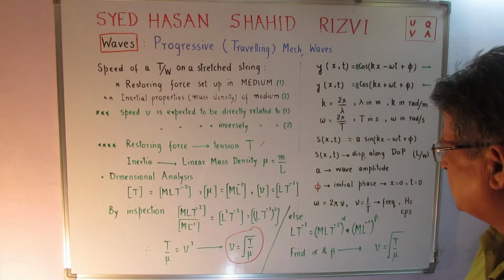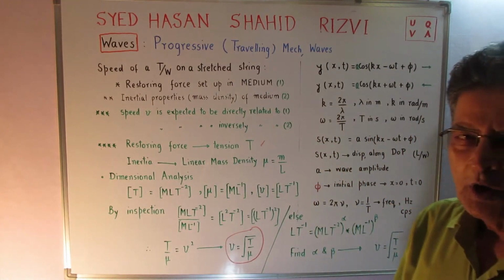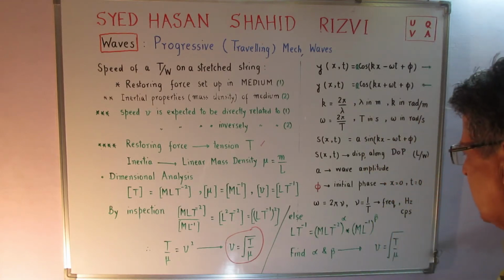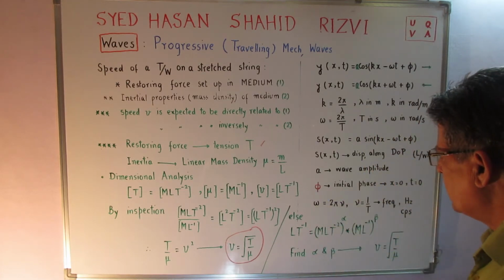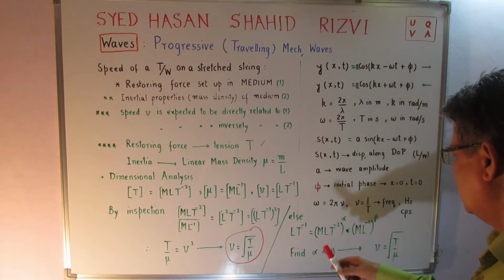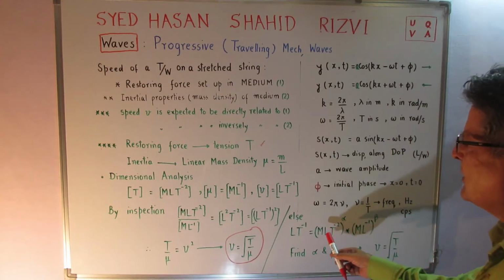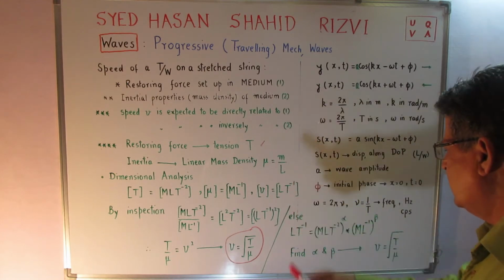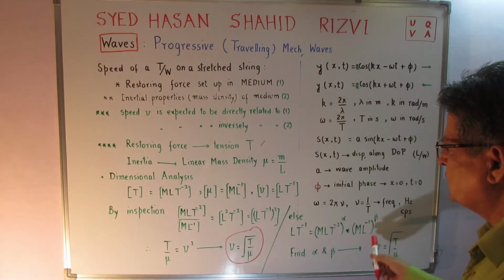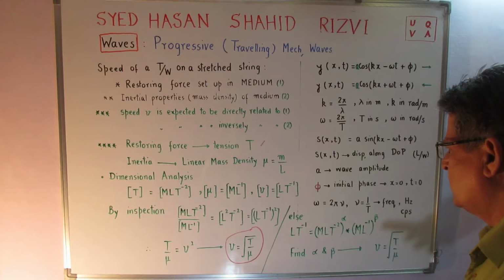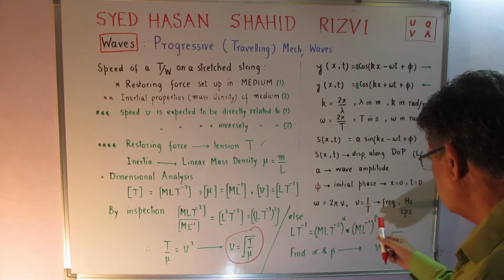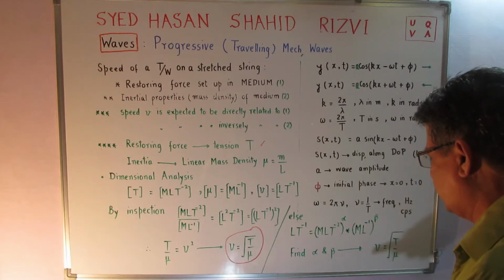But by inspection I don't subscribe to you. Instead I will say that please resort to dimensional analysis, and in doing so I write [M L T^-1]. Let's say that the first term, which is the tension, and the second term, which is the mass per unit length or the linear mass density, have the indices alpha and beta respectively.